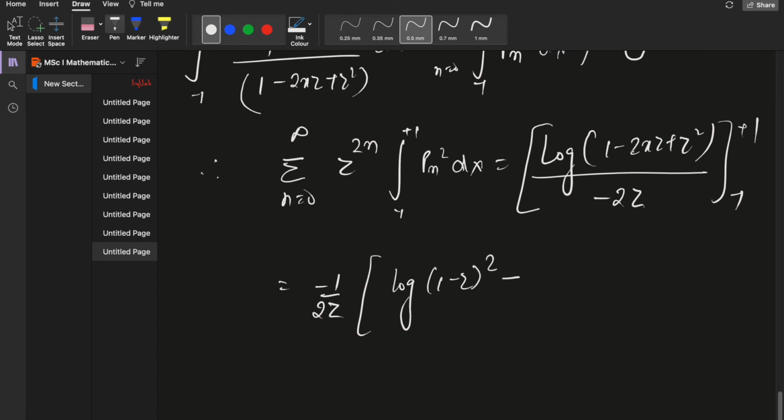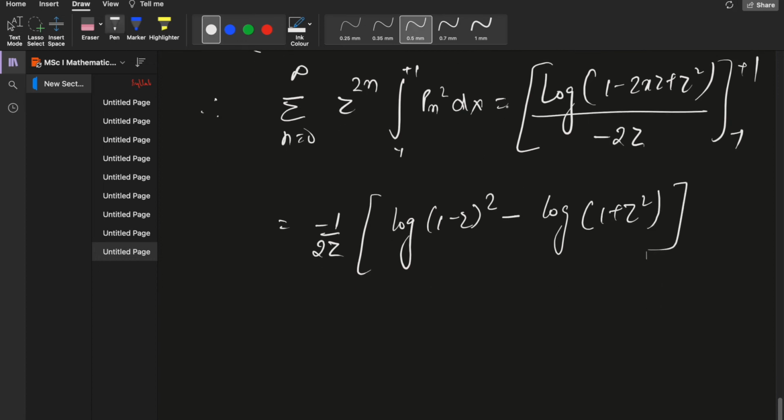Minus of this will give me plus. When I substitute minus 1, this term will be 1 plus 2z plus z square, which is log of 1 plus z square. Just take the square common, so it will come out in front of log, and 2 will cancel 2.